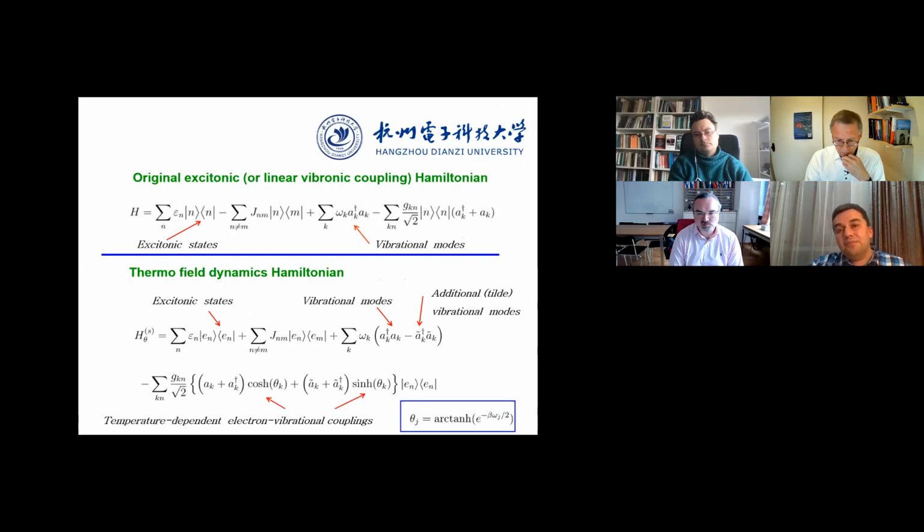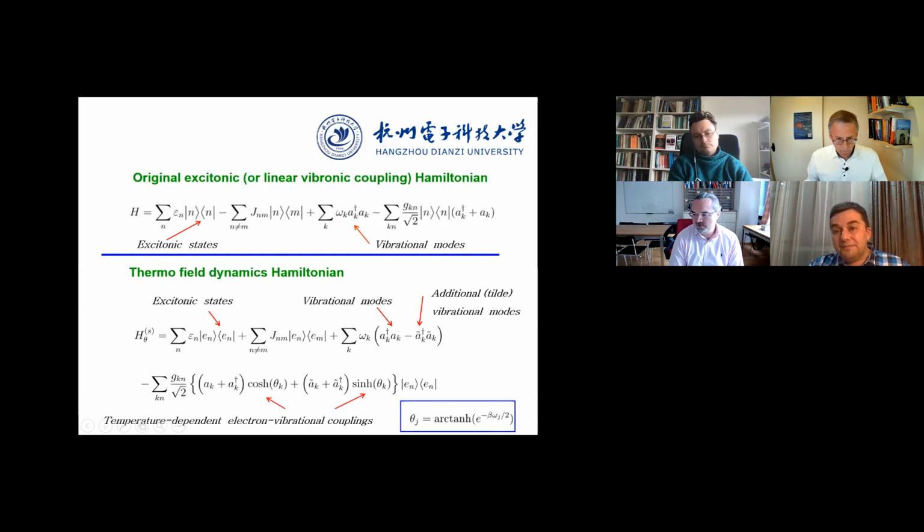As for vibrational degrees of freedom, we will see that the number of vibrational modes doubles in comparison with the original excitonic or linear vibronic coupling Hamiltonian given above here.